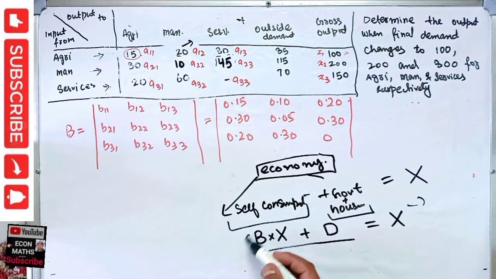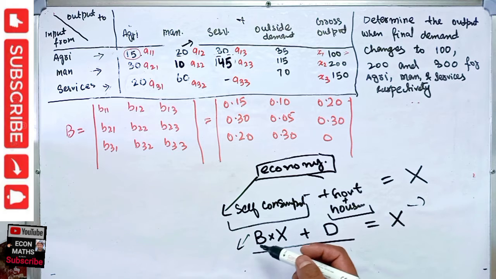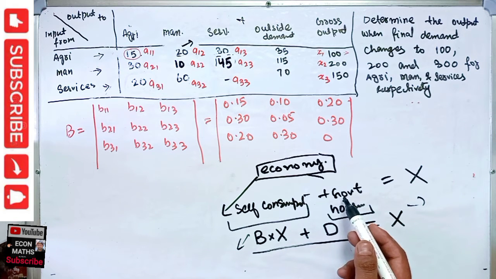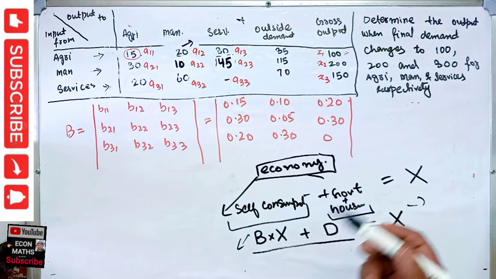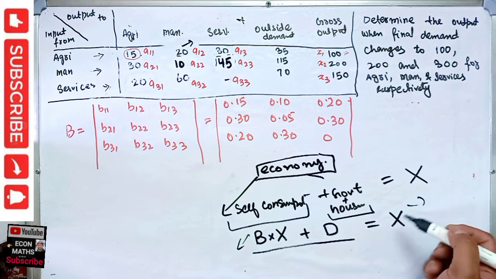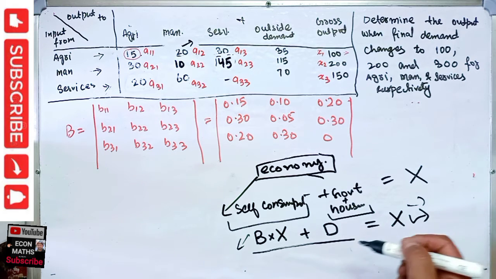Now what is this b? B is the input output coefficient matrix, that is, to produce 1 unit of output. Since we have to produce x units of output, this is b into x plus the demand which comes from the outside, which should be equal to the total output produced.